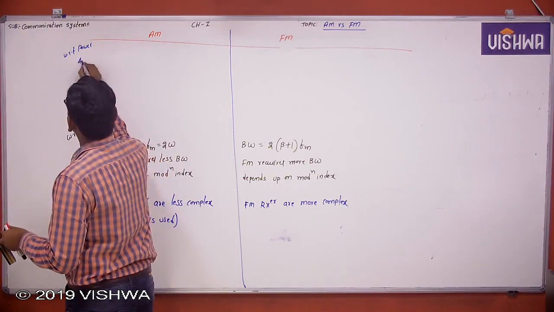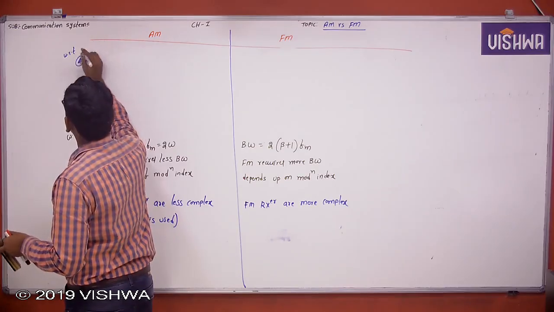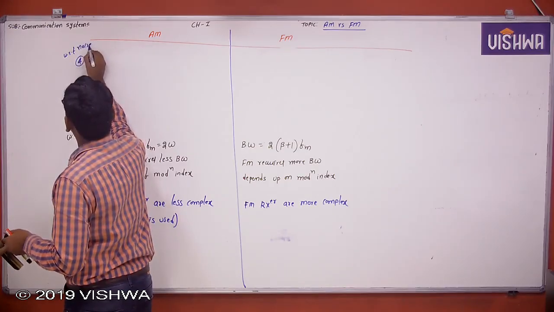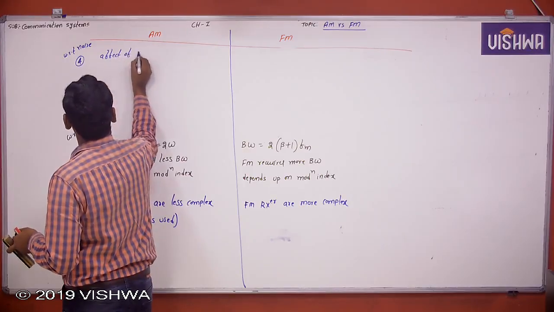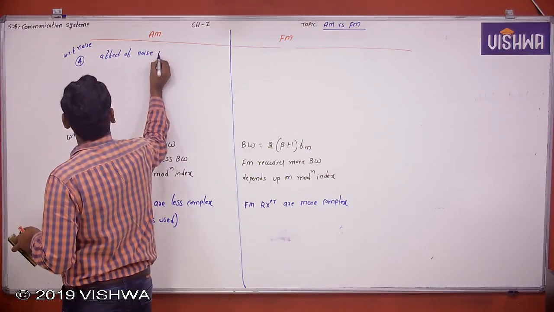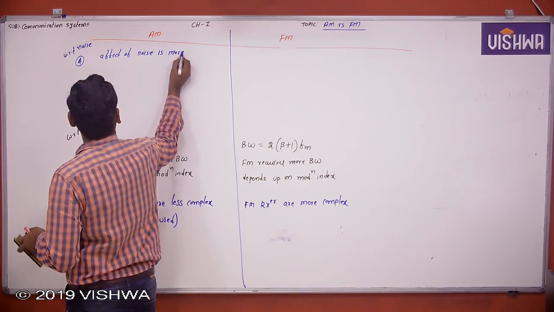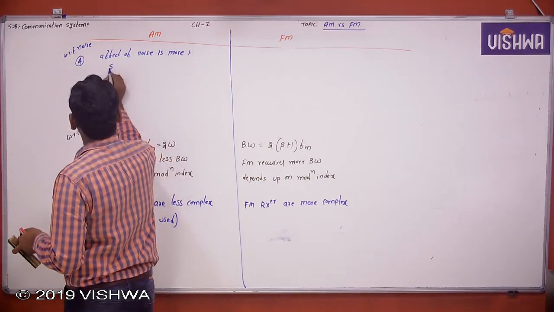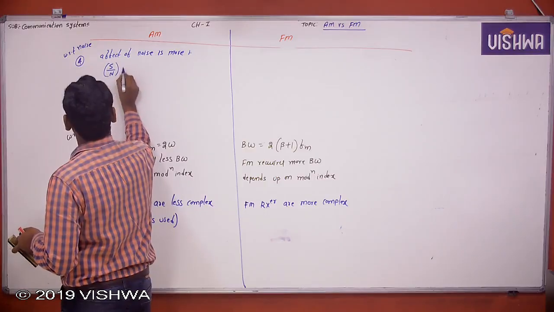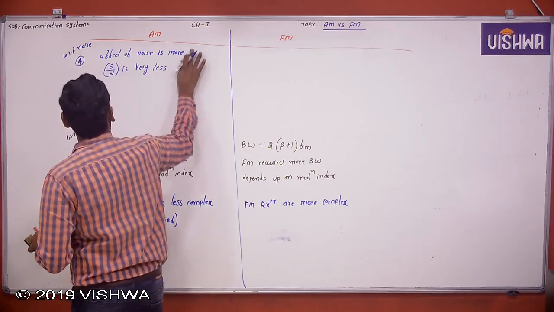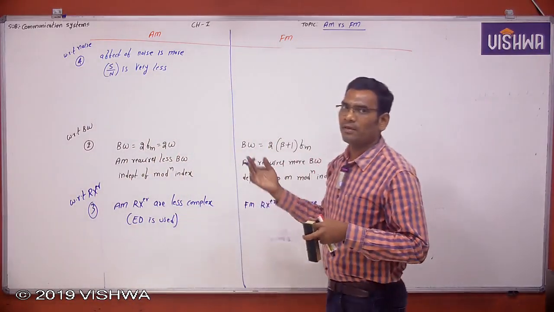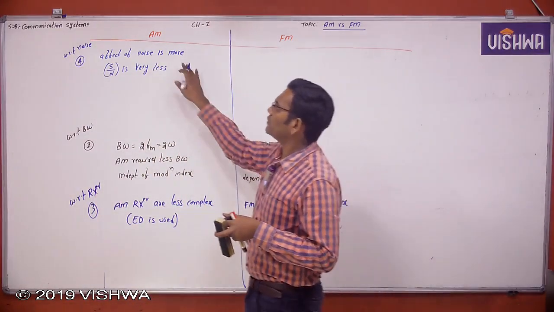Now, the fourth one, with respect to noise. You know that the effect of noise is more in AM and signal to noise ratio is very low, because here the information is itself in the form of amplitude, therefore the effect of noise is more.